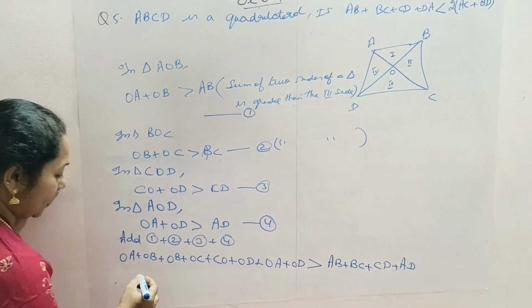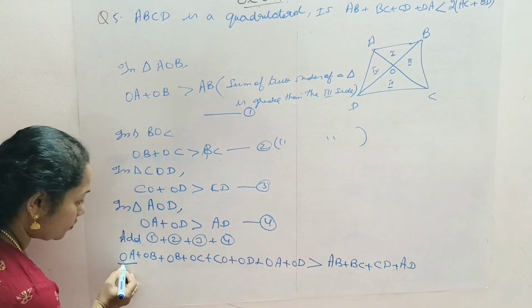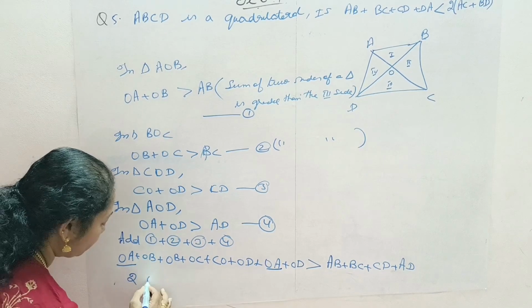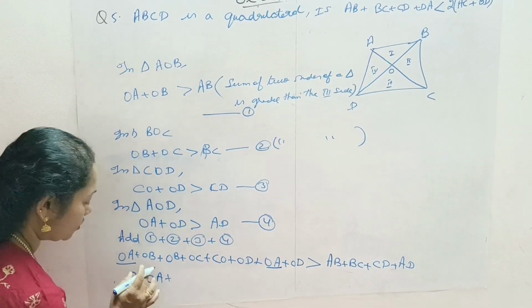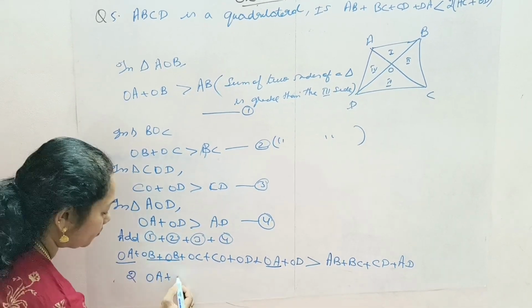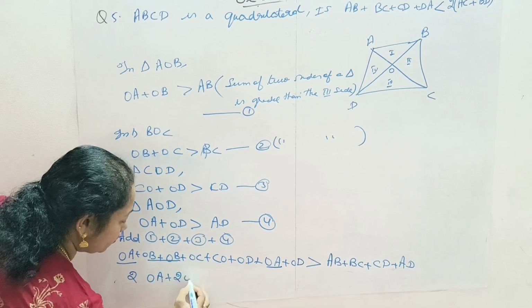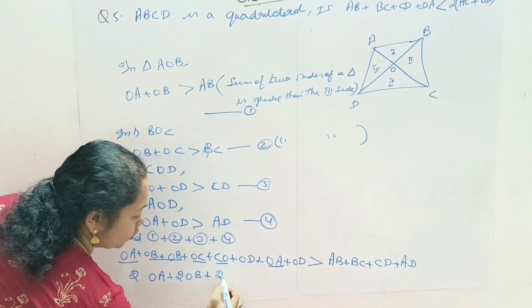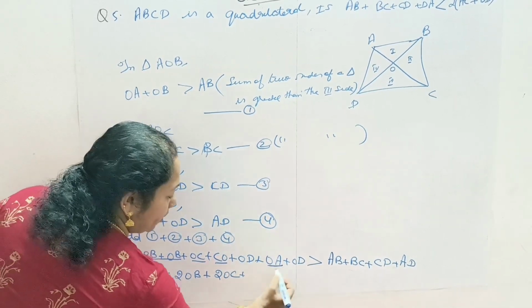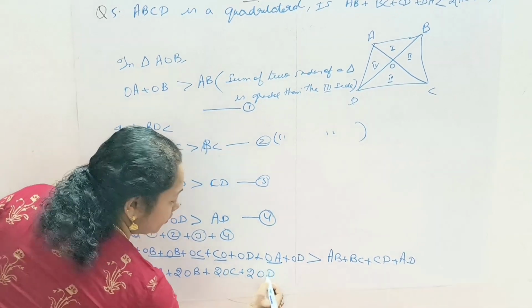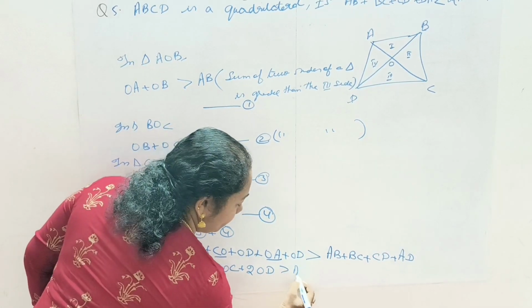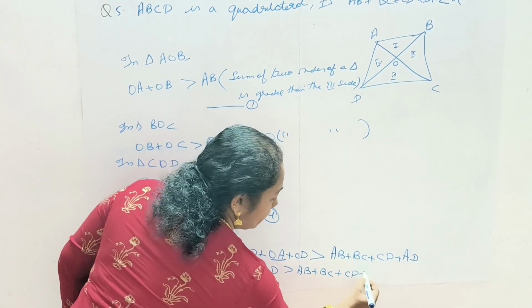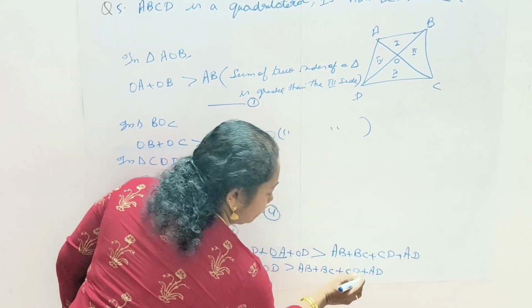Now, let us add OA plus OA, 2OA, plus OB plus OB, 2OB, OC plus OC, 2OC, OD plus OD, 2OD is greater than AB plus BC plus CD plus AD.